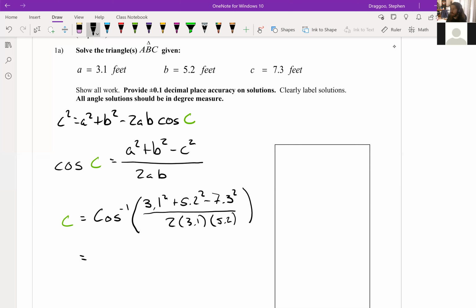Okay, I got 121.1 degrees, rounding to the nearest tenth, since it does say plus or minus 0.1 decimal place accuracy. So we've got C. I'll put it in the box.